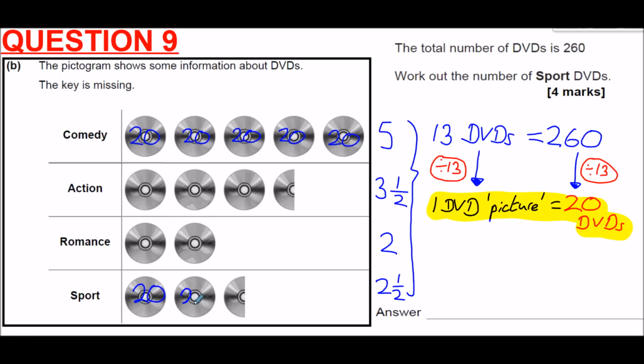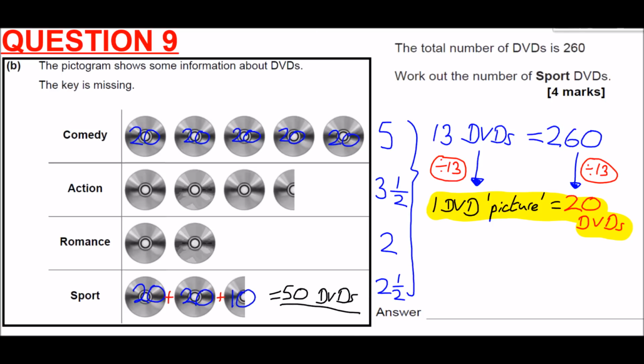This one's 20. Now half a picture of a DVD will be half of 20, which will be 10. So altogether, 20 for the first picture, plus 20 DVDs for the second image, plus 10 for the last half an image, represents a total of 50 DVDs.